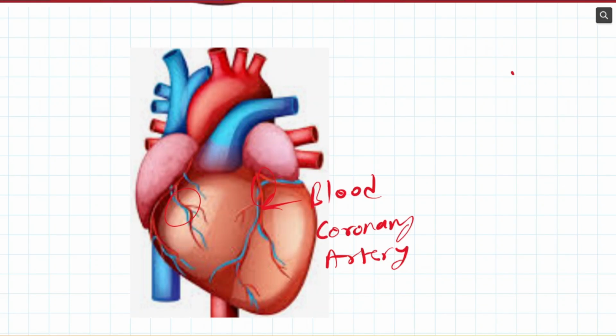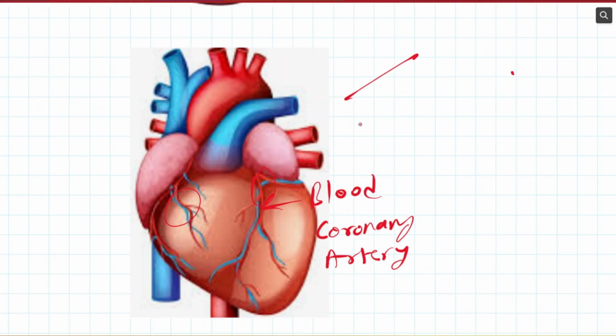So here what you need to understand is, this blockage is mainly related to lifestyle diseases. When we consume lots of fatty food, or highly energized food, this blockage of the artery takes place.